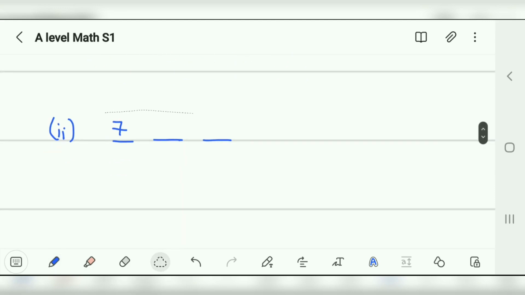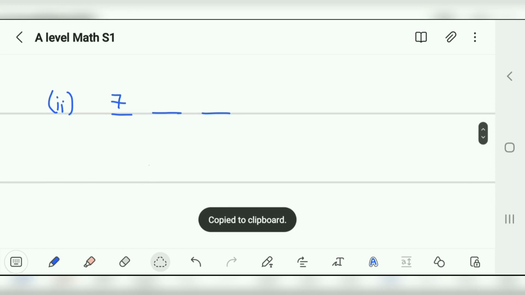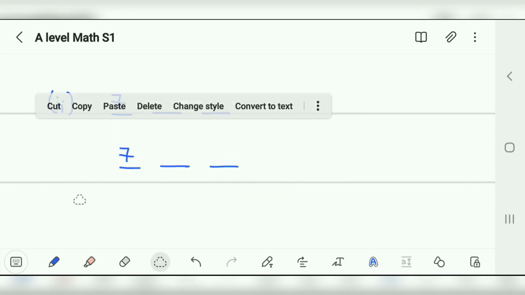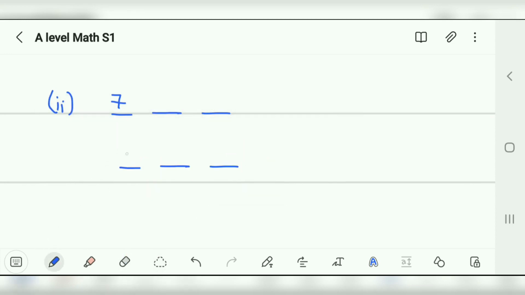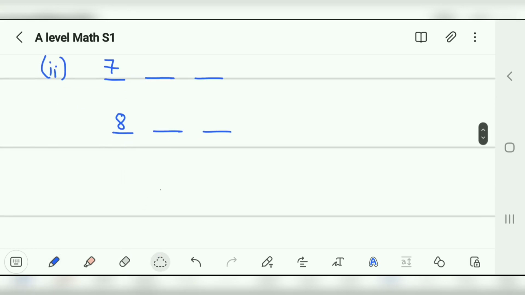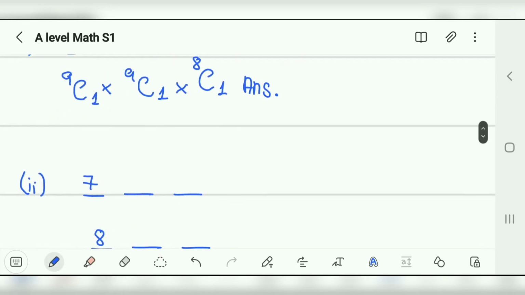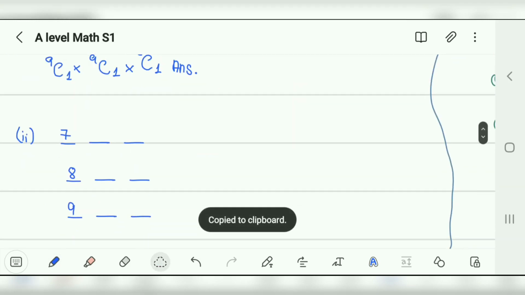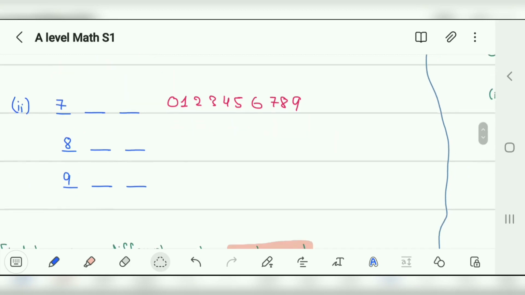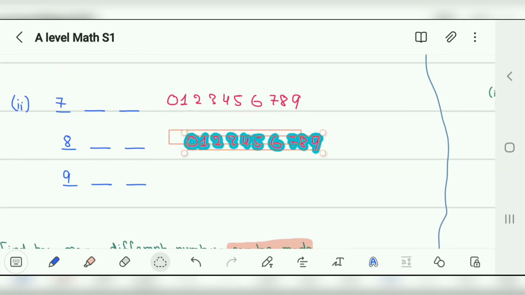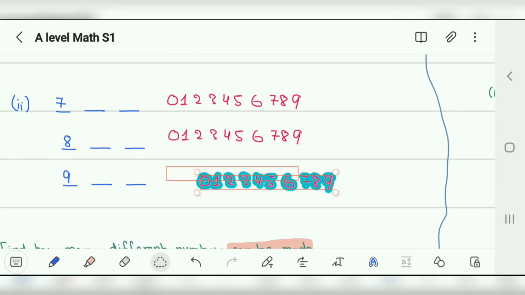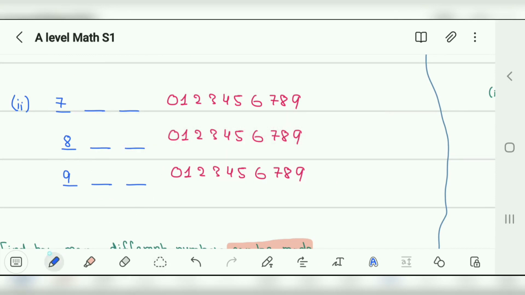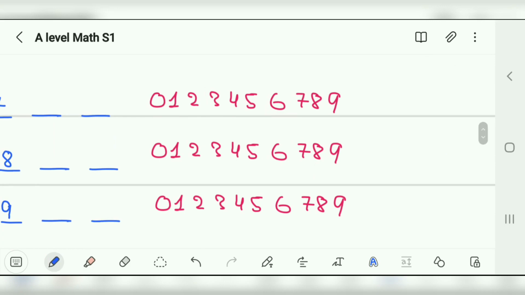700, 800, 900. Okay, 7 to 9. Now let's put digits in each box.